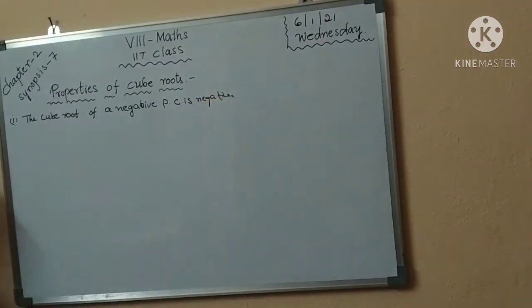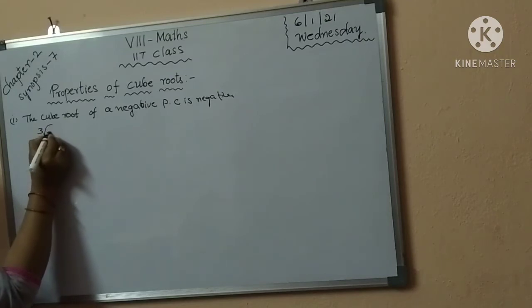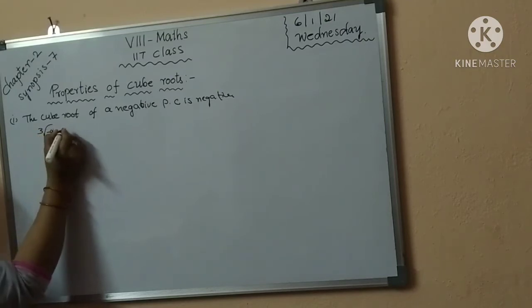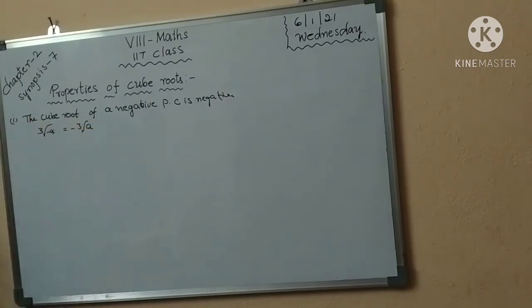Did you understand, children? For the cube root of a negative number, take any negative perfect cube; its cube root is also a negative number. For example, cube root of minus a equals minus cube root of a. It is a perfect cube.